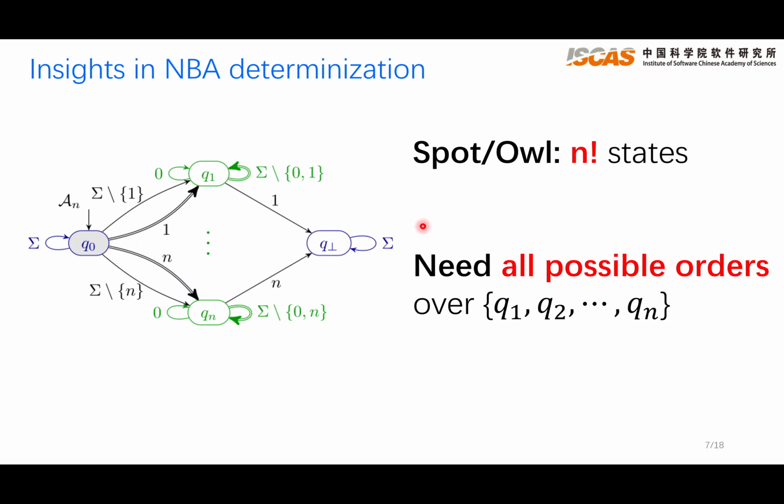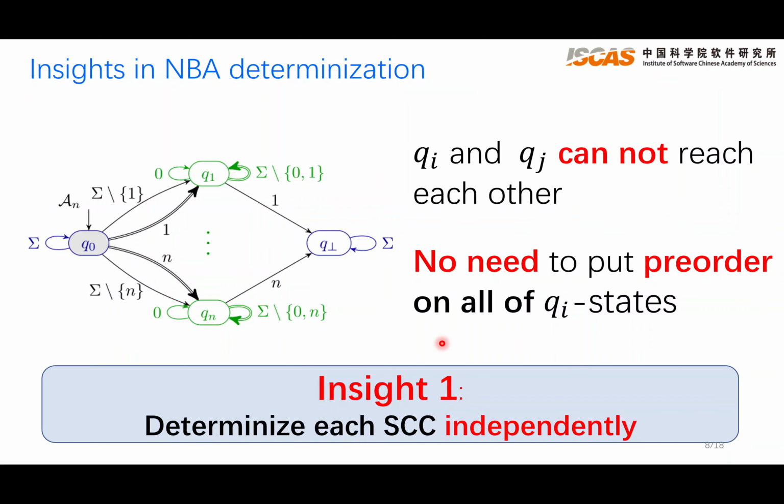We observed that for this automaton, the state of the art tools Spot and Owl produce a deterministic automaton with n factorial states. The reason is that the constructed automaton used up all possible orders over the states Q1 to Qn. That is, we need all permutations of those states to construct the deterministic automaton.